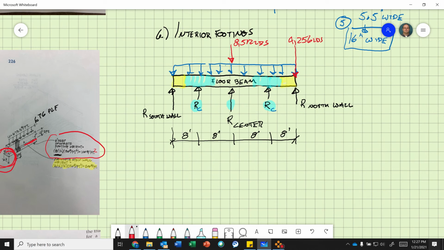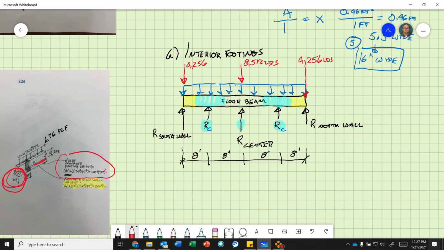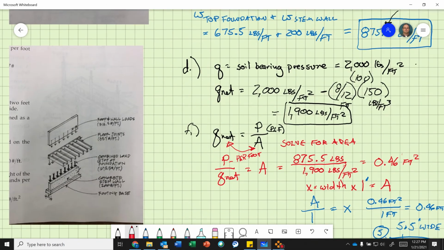So basically, by the principle of transmissibility, you're just going to transfer that right down to the column, okay? And this is 4,256. All right. Okay. Because remember, you've got to get these loads to add up.